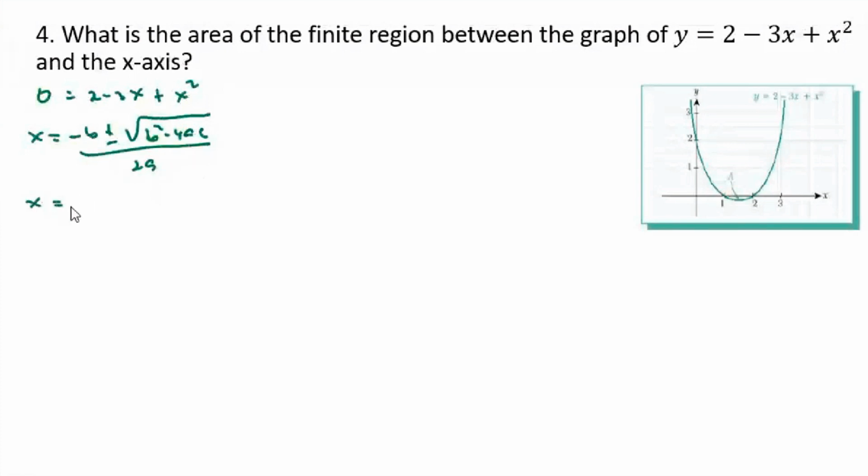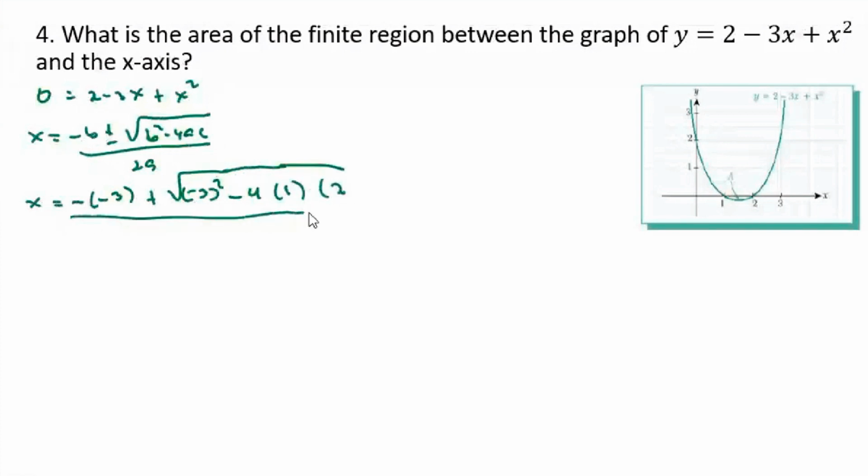So x equals the negative of b, which is the negative of negative 3, plus and minus the square root of b squared, negative 3 squared, minus 4 times a, the coefficient of x squared, which is 1, times c, the constant, which is 2, all over 2 times the value of a, which is 1.